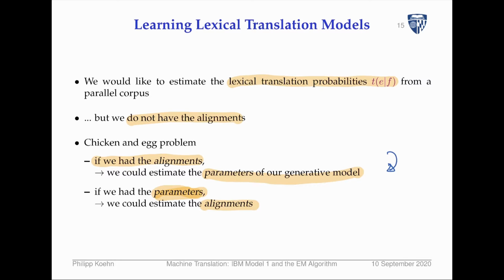So the problem is we have neither. So we have a very good process to going from alignments to lexical translation probabilities, and we also have some good idea how to do, if you have lexical translation probabilities, to get to the alignments. But we don't have either, so we don't even know how to start this process.